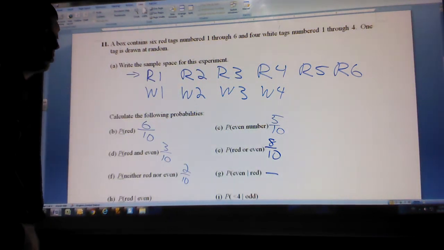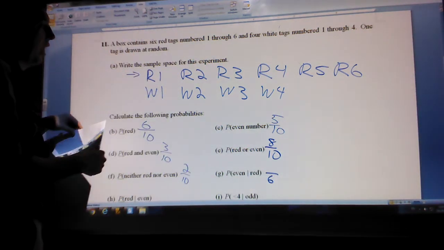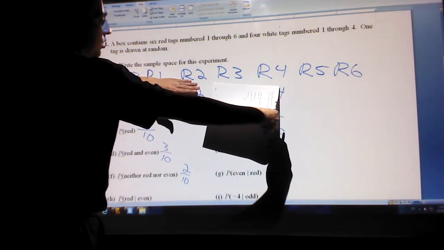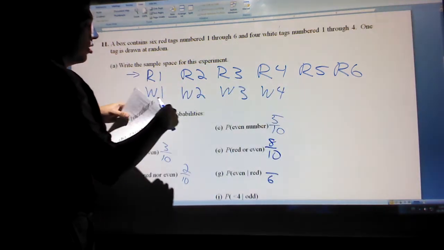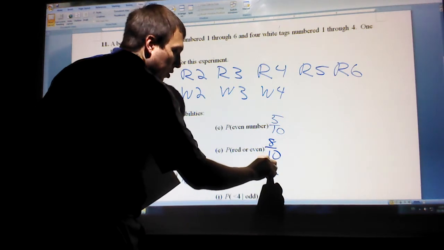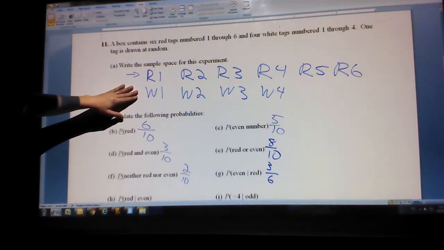And I'm only dealing with the red tags. Well, there are 6 red tags. How many of those are even? 1, 2, 3. So it's 3 out of 6. Again, they're saying, let's get rid of the white. I'm only going to look at the red, given that it's red.